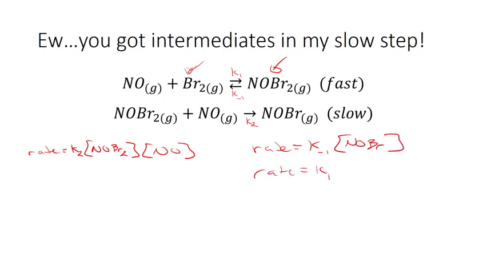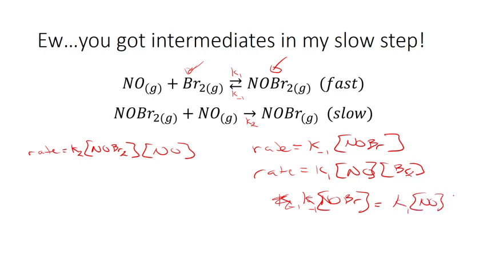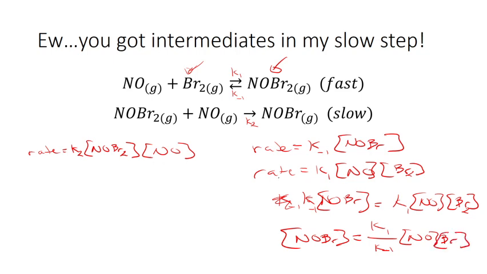Rate is equal to k1 times the concentration of NO and Br2, or that k-1 times NOBr2 is equal to k1 times NO times Br2. Now we can rearrange this to say that NOBr2 is equal to k1 over k-1 times NO times Br2. Everybody with me so far?